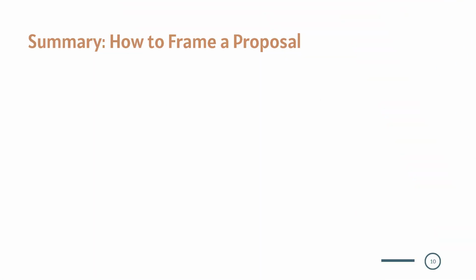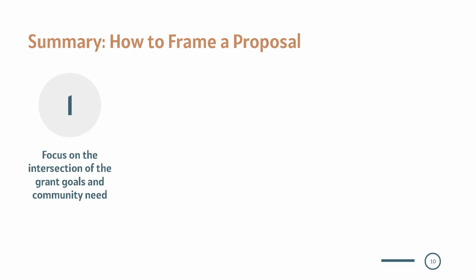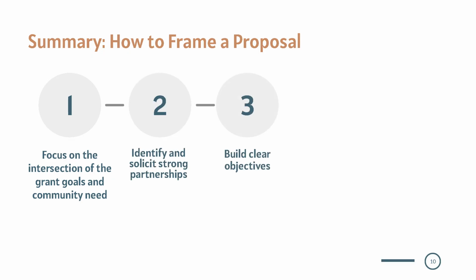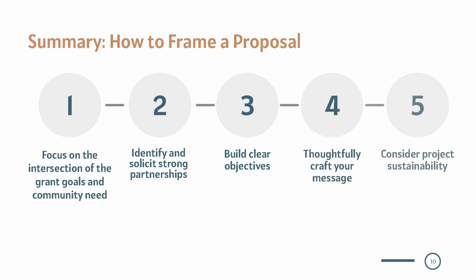In summary, here's how to strategically frame a proposal. Focus on the intersection of the grant's goals and community need. Identify strong partnerships. Build clear objectives. Thoughtfully craft your message. And consider project sustainability.